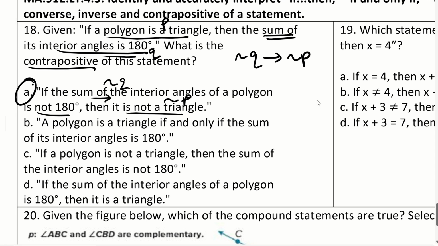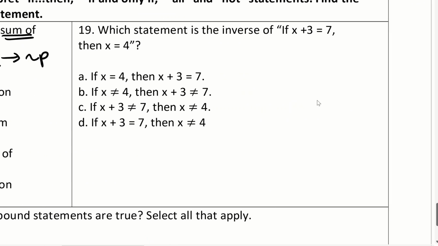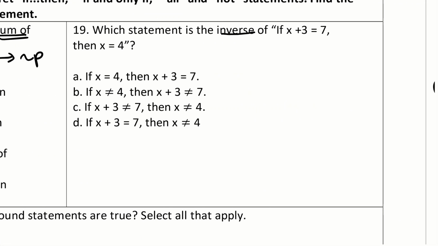All right. Number 19, which statement is the inverse of if x plus 3 equals 7, then x equals 4? So this is P, this is Q. The inverse is not P implies not Q. So not P means that x plus 3 is not 7, right?